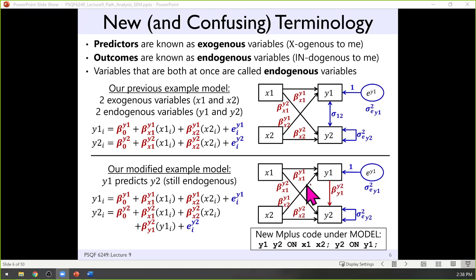You would have to do it as separate models and somehow combine the results back together if you're using standard GLM software. So this is really the situation in which this is most advantageous. And so this model then would be expressed in Mplus as the box down below, where I replace the width that used to be here with a Y2 on Y1.